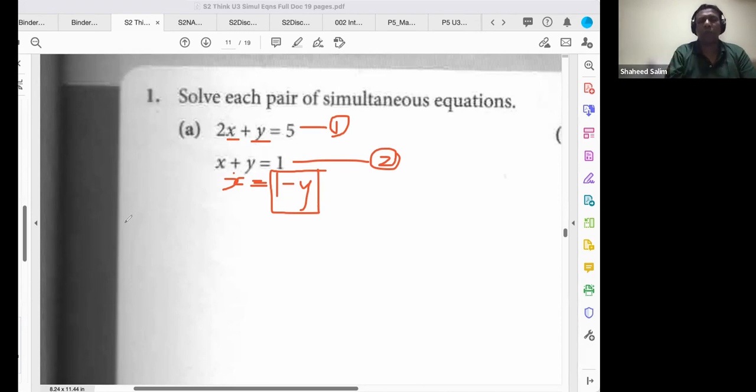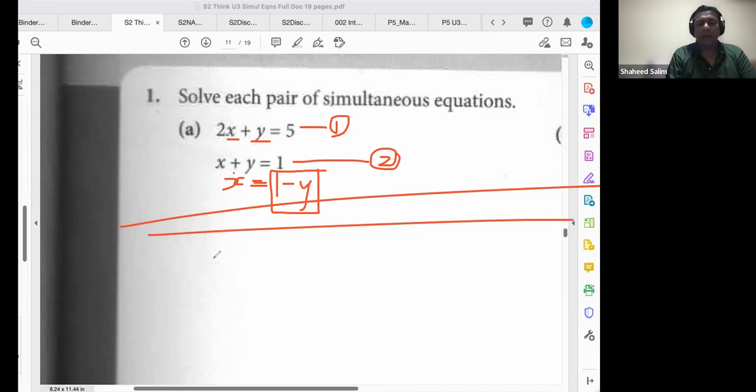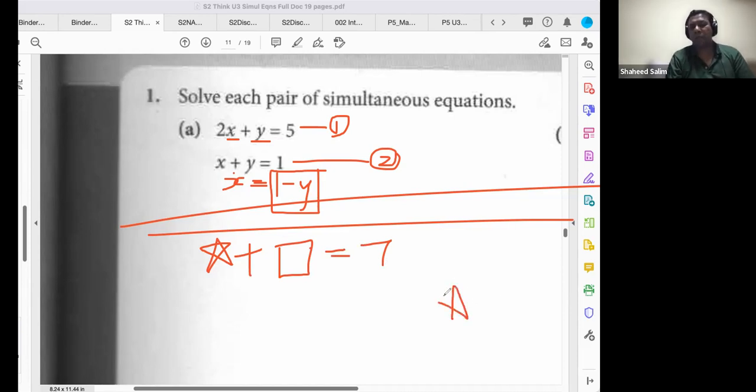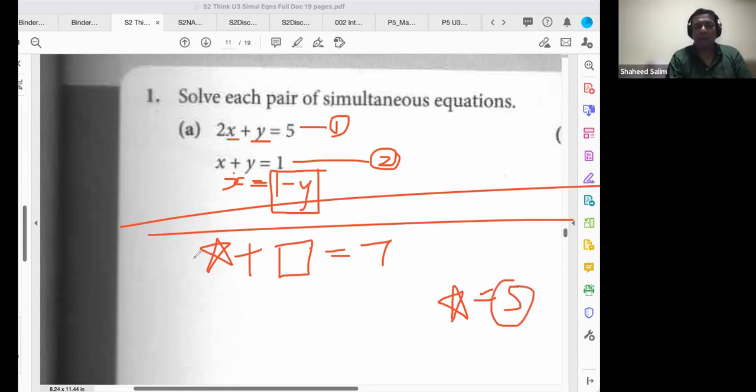Okay, let's say now you're confused about what I'm doing. I give you another one. Let's say I have star plus square equals 7. Then on another side, they put star equals 5. Now I take this value, I replace it here.